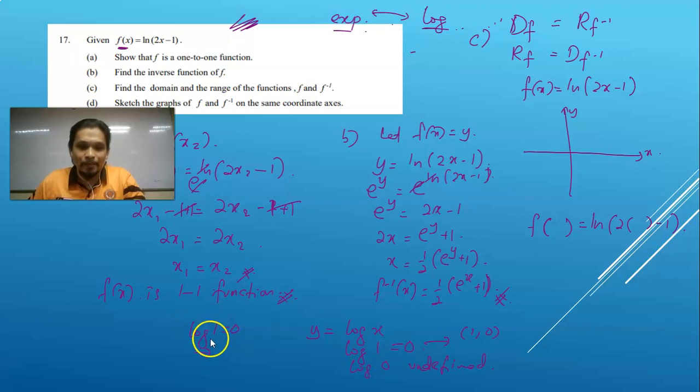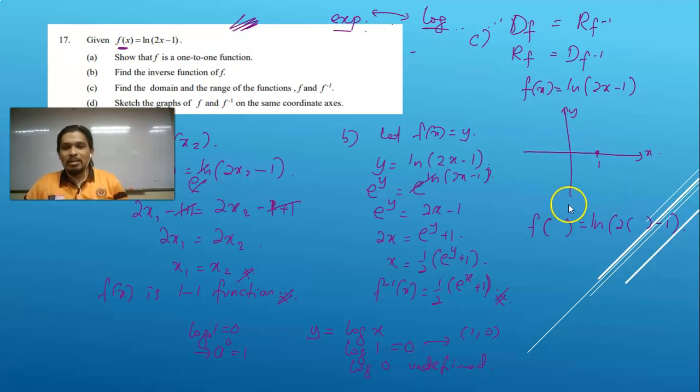Let's say this is a base of a here, because a to the power of 0 equal to 1. You still remember that? Yes, thank you. So now let x equal to 1, and then log 1 equal to 0 here. So this is it, 1 and 0. This is the intersection point. Okay, the thing is, this is not the value of x for this one here.